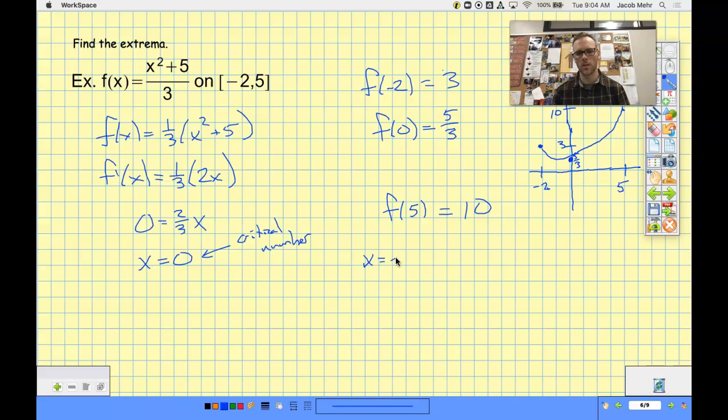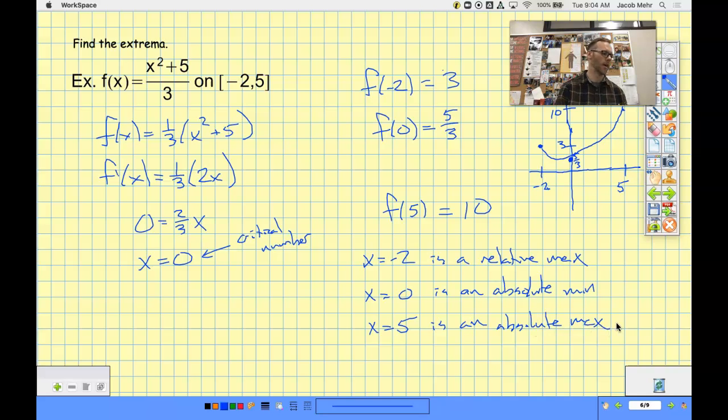So we're going to say x equals -2 is a relative max. x equals 0 is an absolute minimum. x equals 5 is an absolute max. All right, so let me go to the graph here.